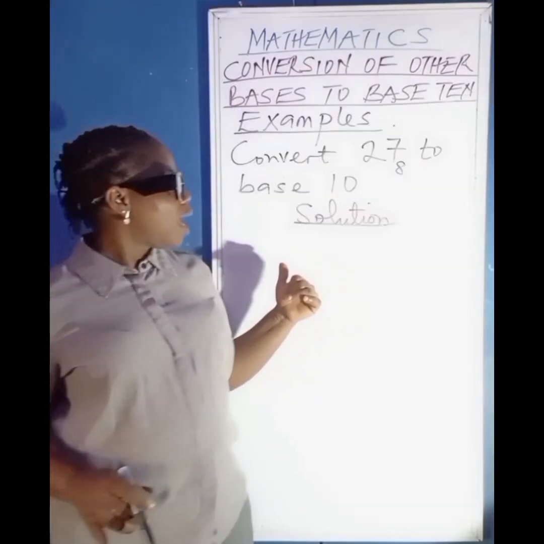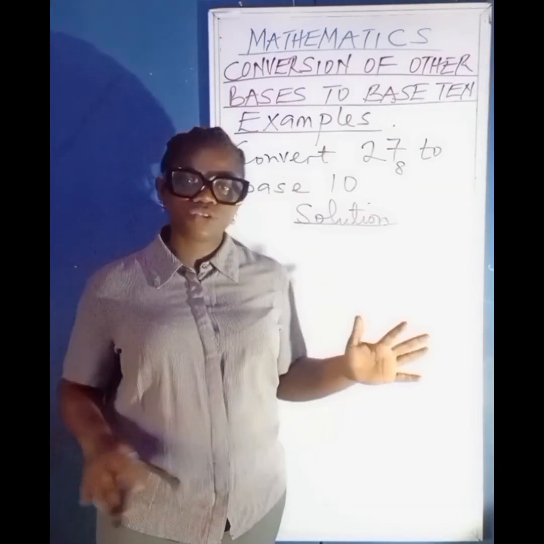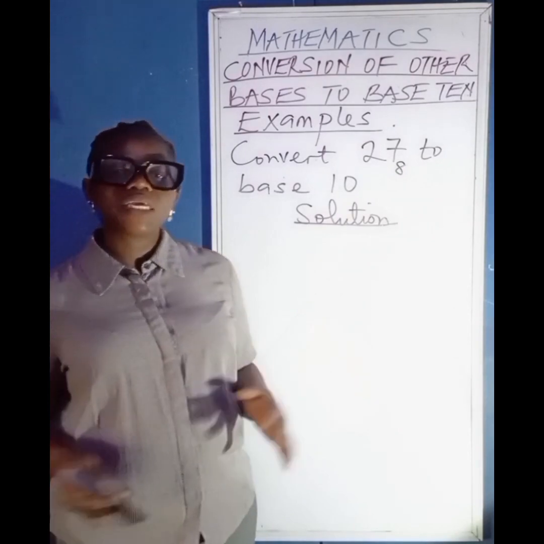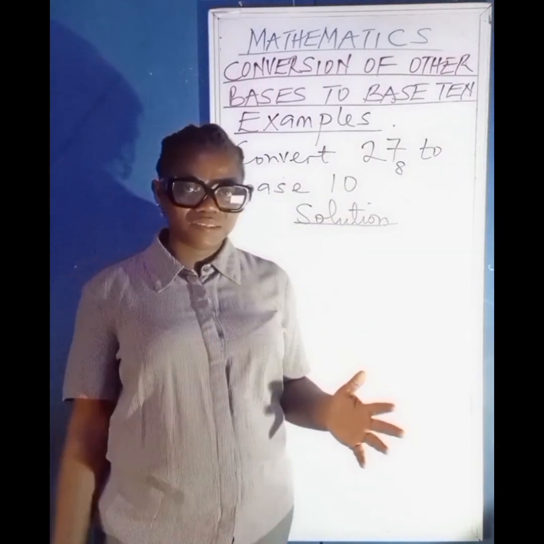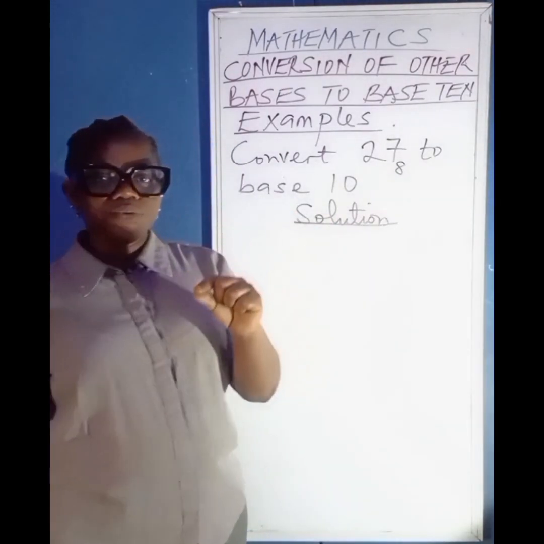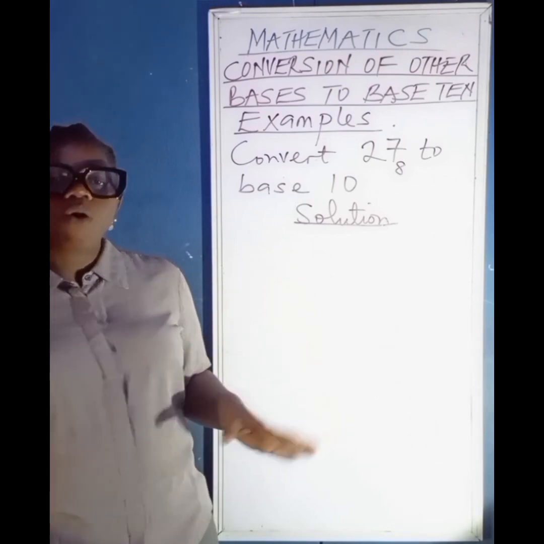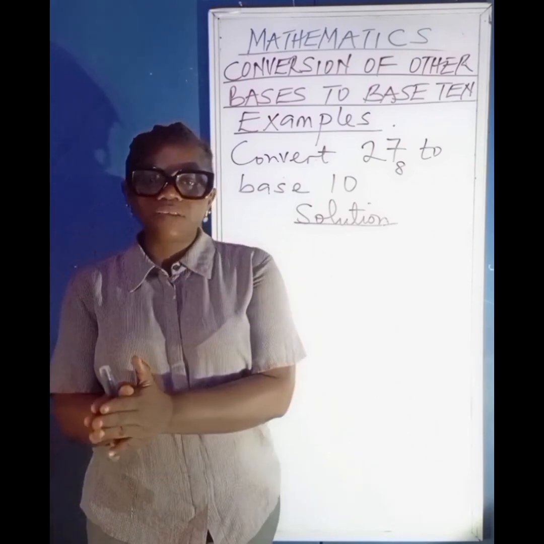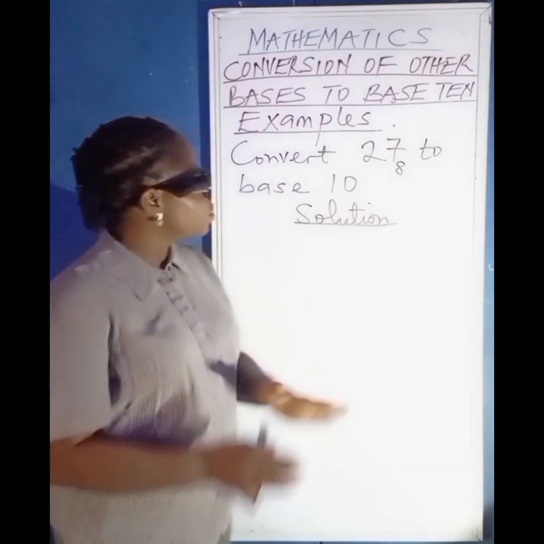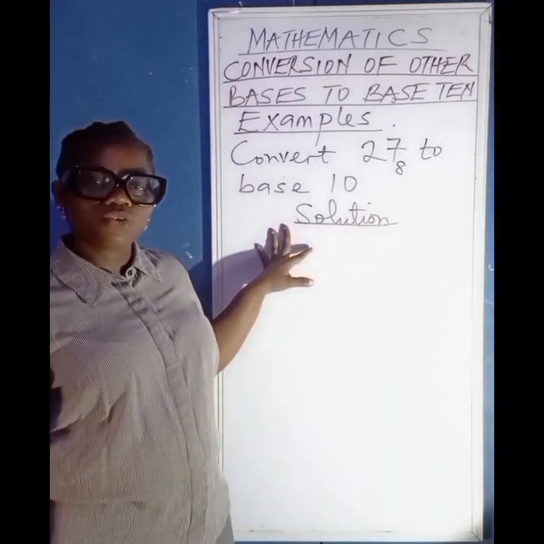In the previous lesson, I introduced you to place value in different number bases. This place value in different number bases is actually the foundation of conversion from one base to another. So let us go on to do the 27 in base 8.